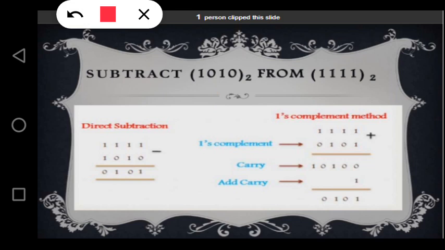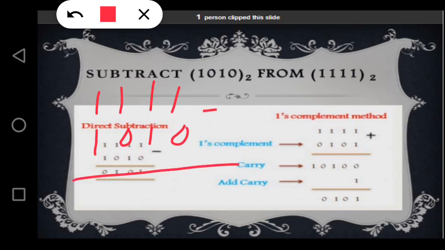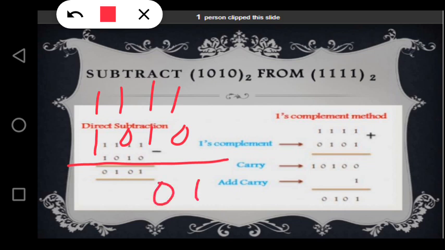Let's see the calculation. The direct subtraction, if you follow the subtraction rules: 1111 minus 1010. 1 minus 0 is 1, 1 minus 1 is 0, 1 minus 0 is 1, 1 minus 1 is 0. So straight away I am getting 0101, which is 5. But this is the manual procedure.